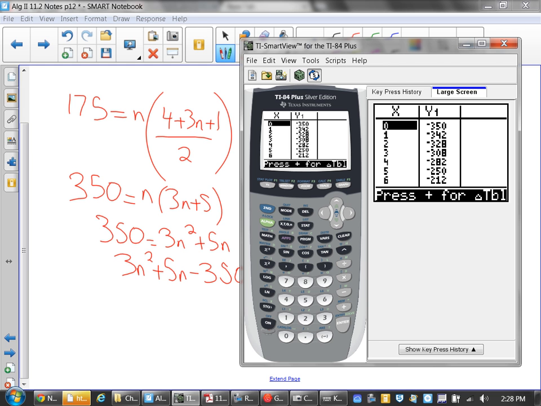What I'm doing here is I'm going to look for 0 in my y column with a positive x number. That means you have to add up how many of those numbers in that sequence to get 175. 10 of them. I'd have to add 10 numbers in that sequence to get 175.